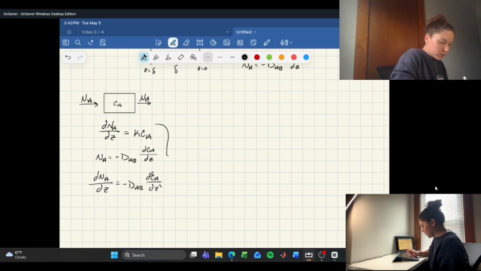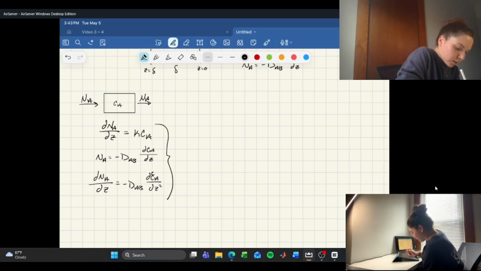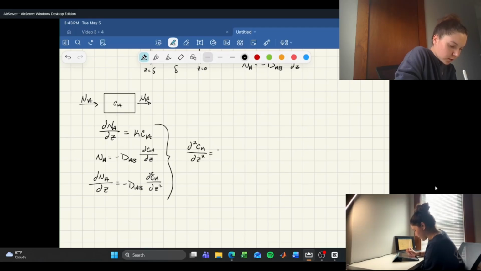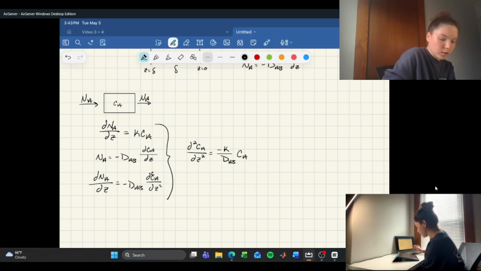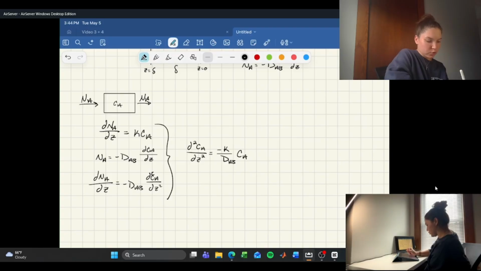Putting all of this together, we get that the second derivative of the concentration with respect to position is equal to the negative reaction rate constant over the diffusion coefficient times the concentration of A, and this will all be equal to 0.